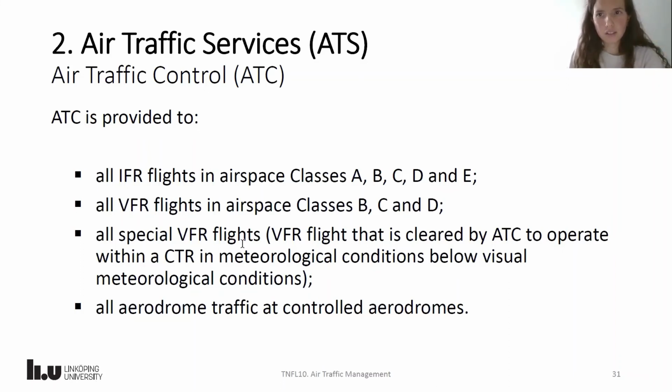So what are special visual flight rules flights? These are flights that are flying with visual flight rules, but because the meteorological conditions may not be enough for them to fly purely on visuals, they must rely on ATC to perform the flight. These are flights that for one reason or another are in a control zone, and the air traffic controller has said, okay, you can fly here, but you must comply with this control, basically because they cannot operate on their own.